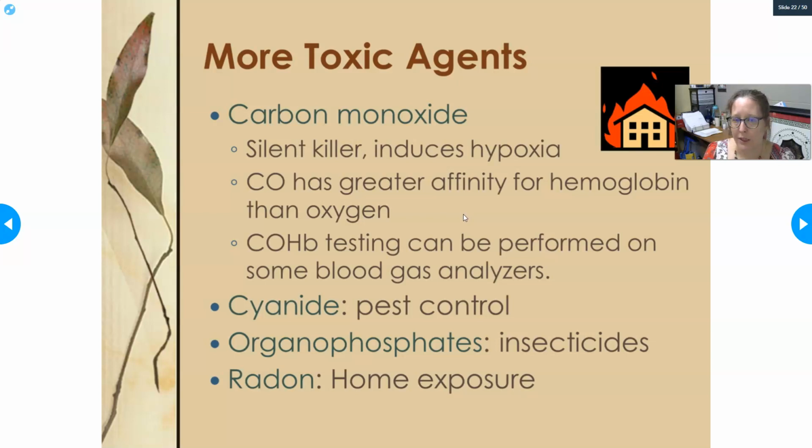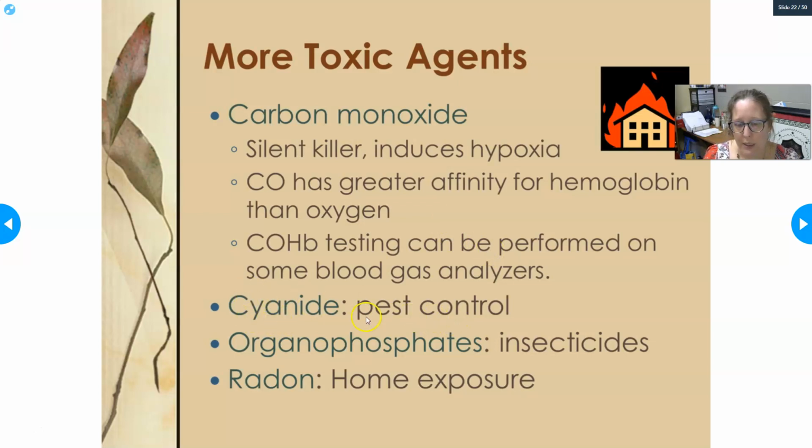So every red cell that's taken up with carbon monoxide molecules cannot carry oxygen. We can test for carboxyhemoglobin and other hemoglobin variants using certain blood gas analyzers that have co-oximeters. So most ABGs do test for this.